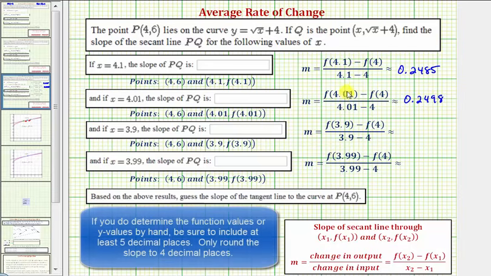Now we could find these function values by performing substitution into the function and then find the slope, but I think by using the calculator, it will save us some time.